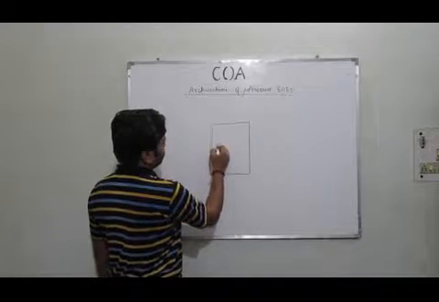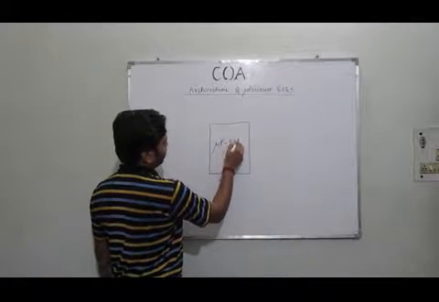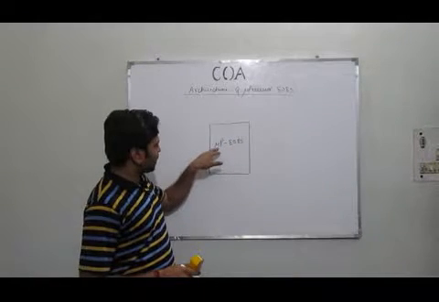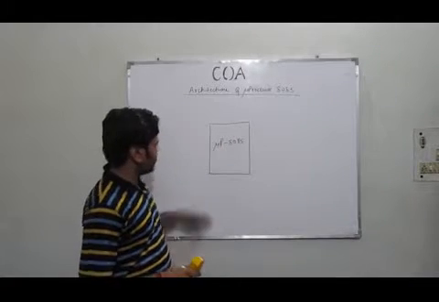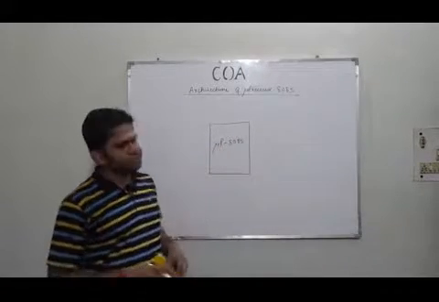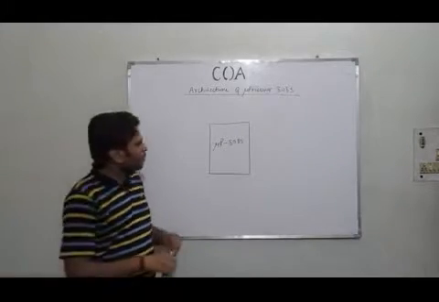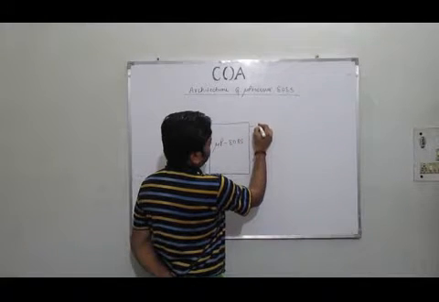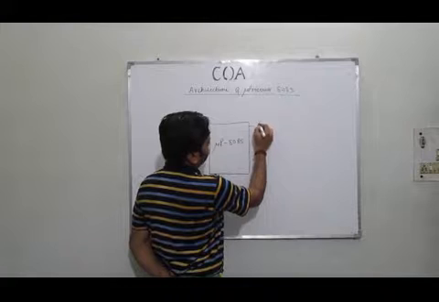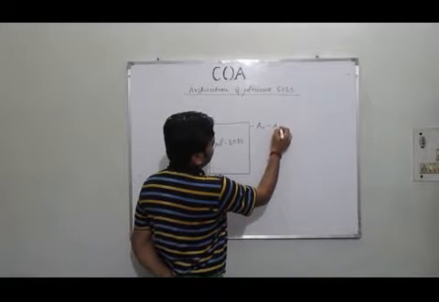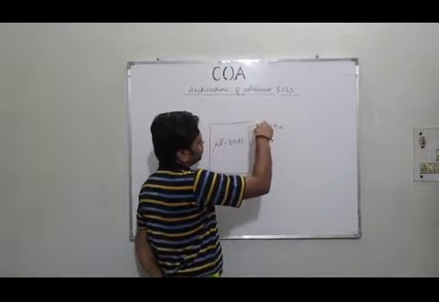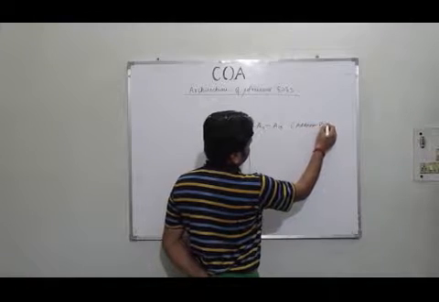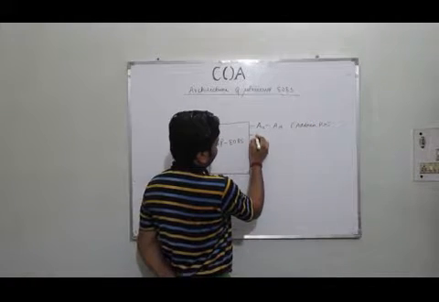So this is our microprocessor 8085. Do remember the abbreviation that we have used for the microprocessor: mu, that is micro, and P, that is processor. In the microprocessor, the first category of pin is the address pin, which is represented from A0 to A15. Then we have the data pin.